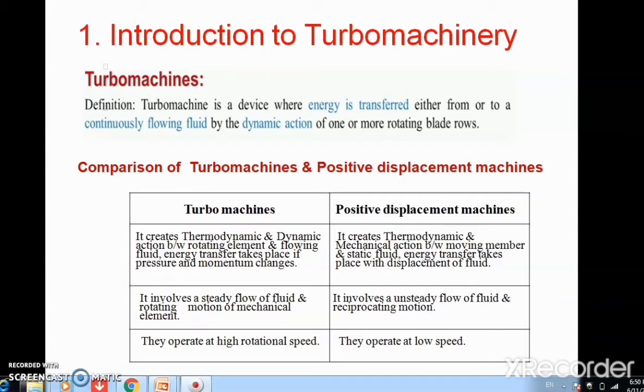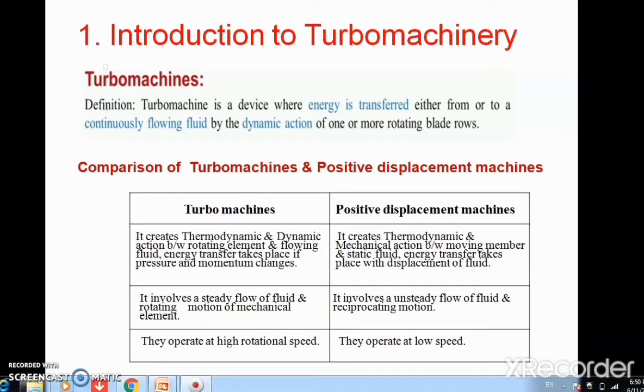Here, energy transfer takes place in turbo machines because of pressure and momentum change. While in positive displacement machines, it takes place only because of the displacement of the fluid, that is linear displacement. The work done in turbo machines is in the form of rotation, and in positive displacement machines the work done is force into displacement.